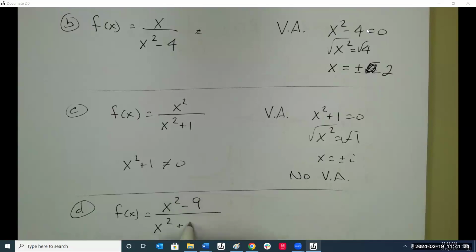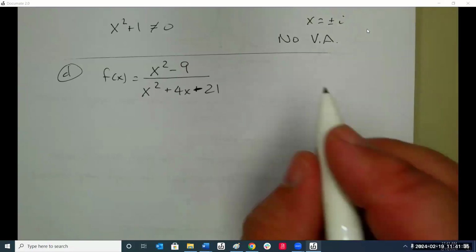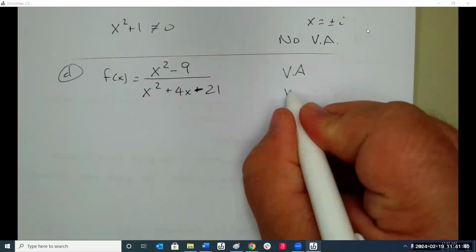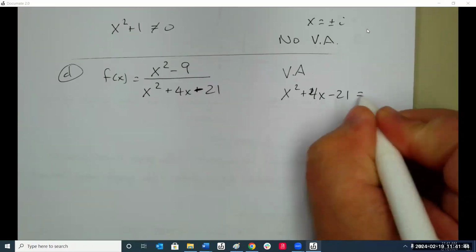And let's look at this one. So the vertical asymptote, x squared plus 4x minus 21 equals 0.